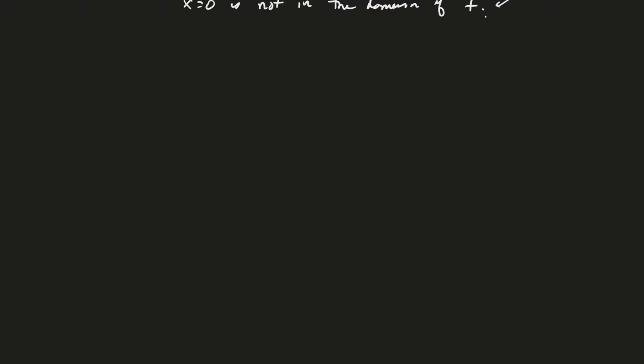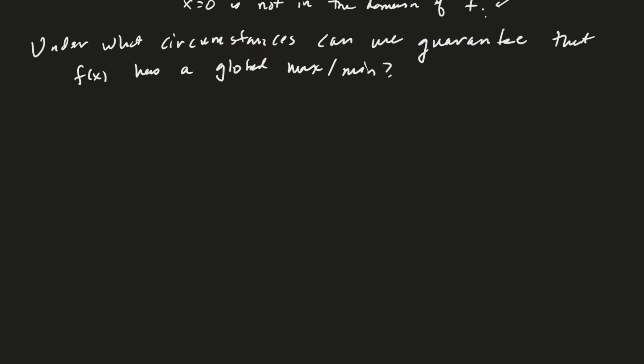So under what circumstances, let me pause this and write this down. You're going to watch me spell circumstance. Okay, so under what circumstances can we guarantee that f of x has a global max or min?